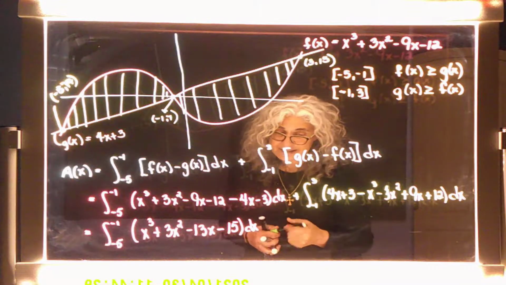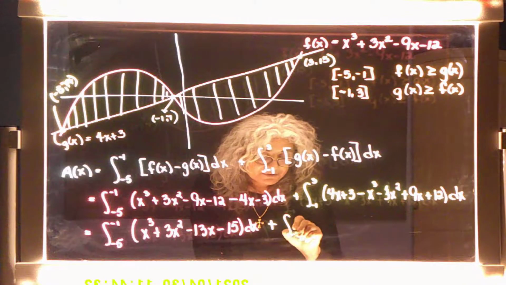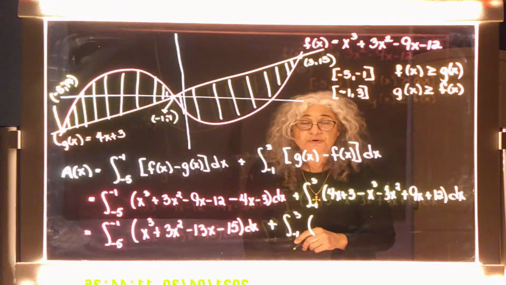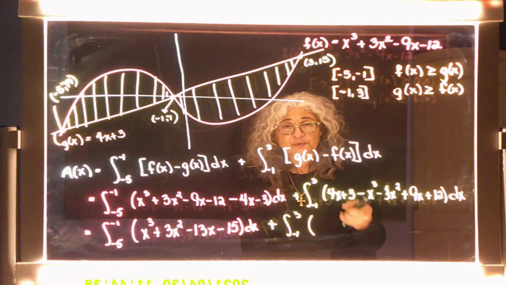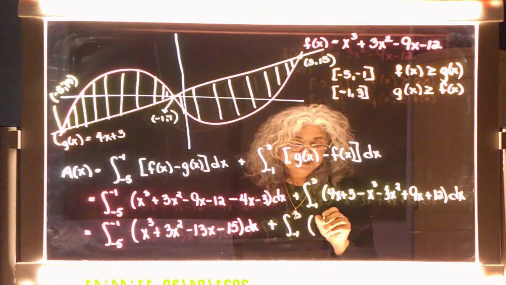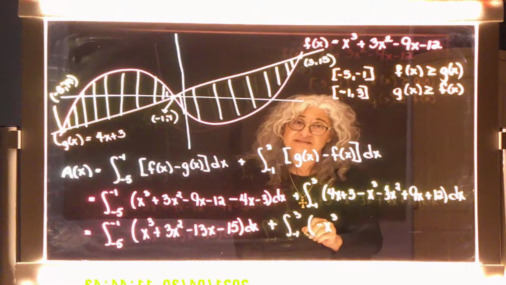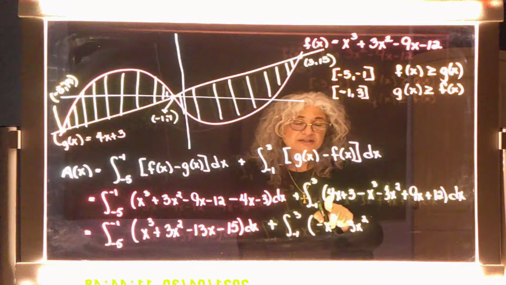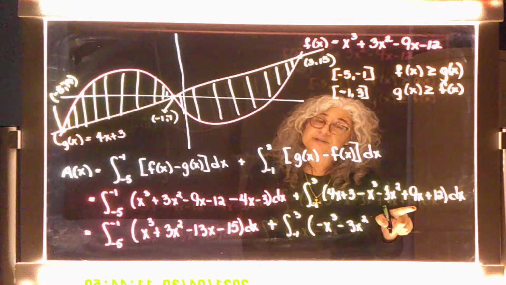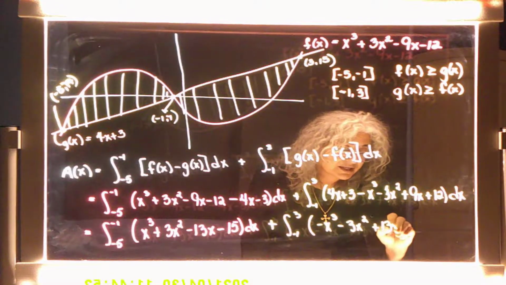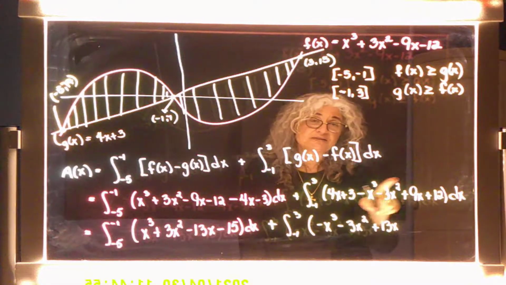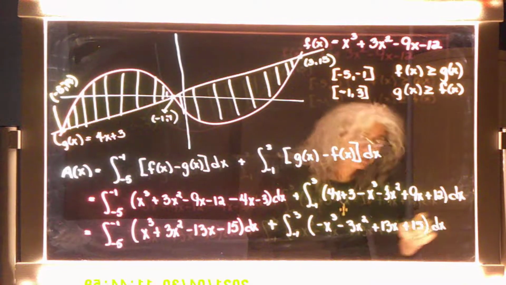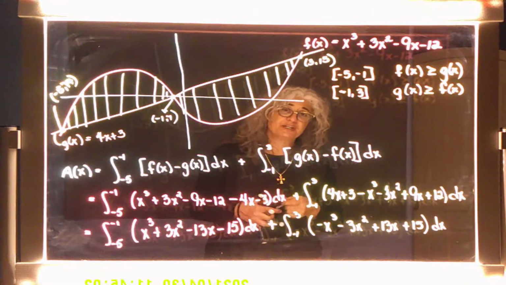On the second integral from -1 to 3, I'm going to put this in descending order as I collect like terms. So what comes first? Good, the -x to the third. What's next? Minus 3x squared. And now I'm going to collect those x's. So 4x plus 9x, a positive 13x, a positive 3, and a positive 12 is a positive 15. Right? dx. Are you agreeing?